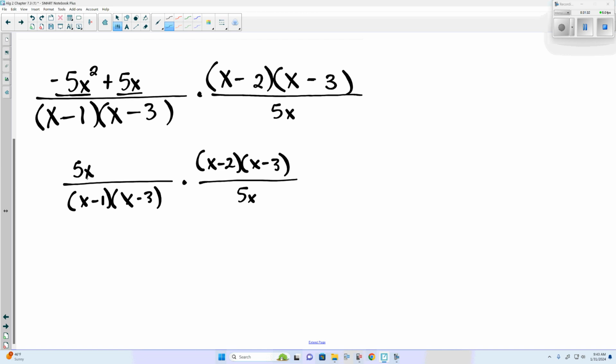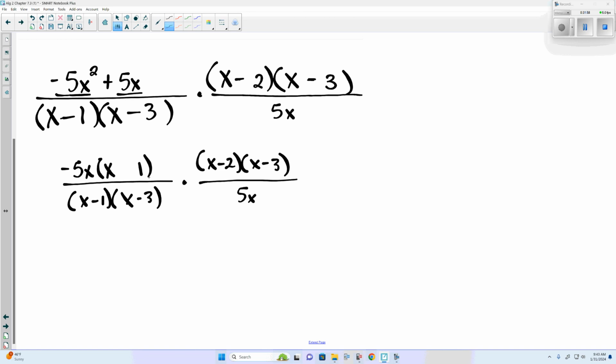So instead of just factoring out 5x, we're going to factor out negative 5x. Because our -5x squared, the -5 will factor out completely. Our x squared is going to become x. It's going to turn it from -5x squared to our first term being positive x. 5 and x both factor out completely, giving us 1.